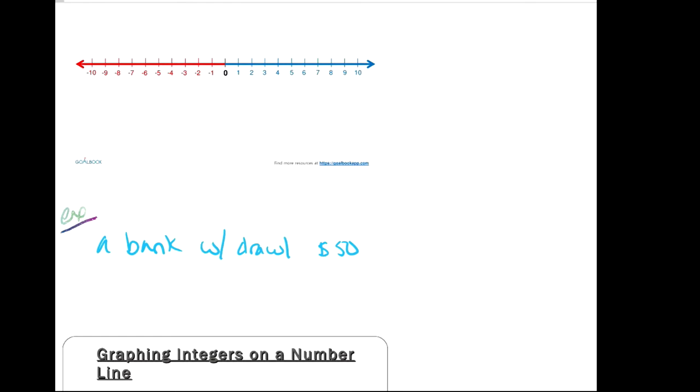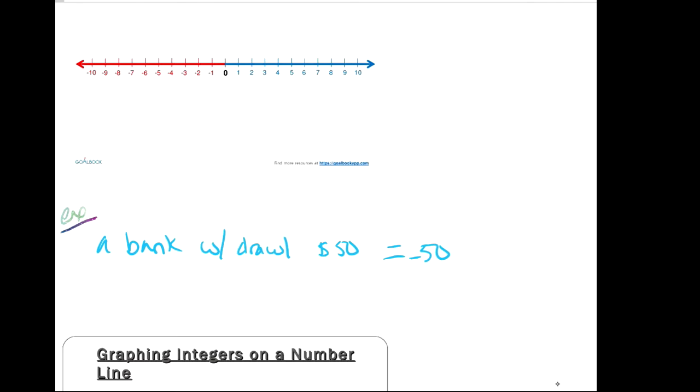But when you're taking a loss or losing something or dropping in temperature, those types of things are represented with a negative number. So in this case, the negative 50 would be the number represented by a bank withdrawal of $50.